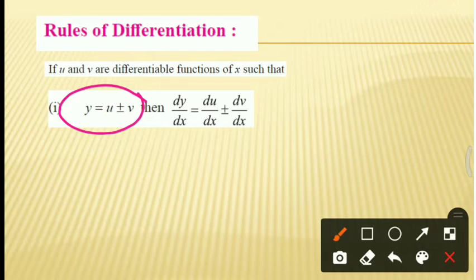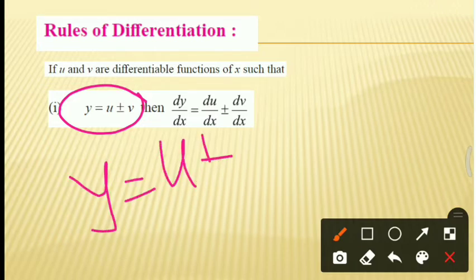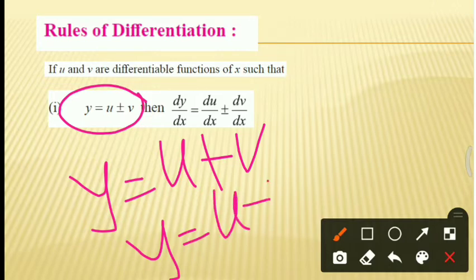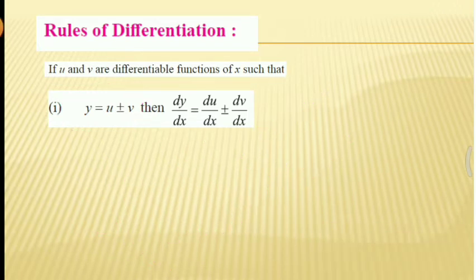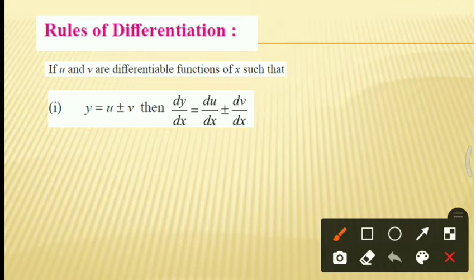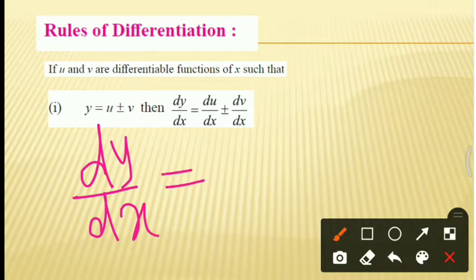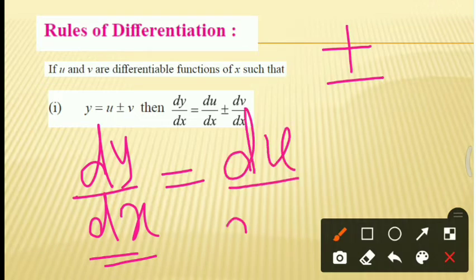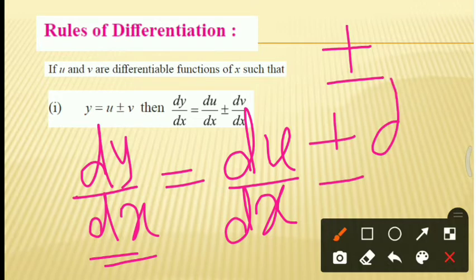Here the derivative of a sum and the derivative of a subtraction are combined, when y is expressed as u plus v and y is expressed as u minus v. These are the rules of differentiation. Now see, the derivative of y with respect to x is given by this: when y is expressed as addition or subtraction of two functions, then the derivative is also expressed as addition or subtraction of the corresponding derivatives.